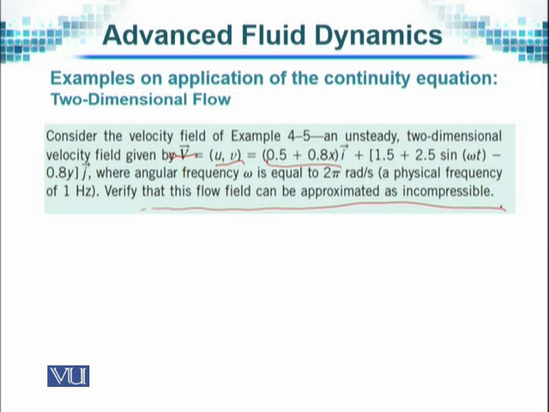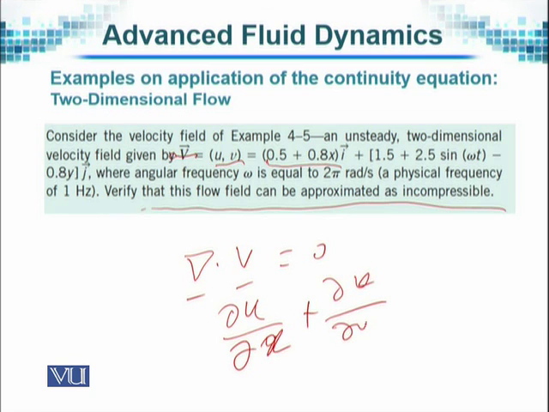So this is a relatively simple problem, and all we have to do is to see that it satisfies the continuity equation in two dimensions, which is du by dx plus dv by dy equal to 0.